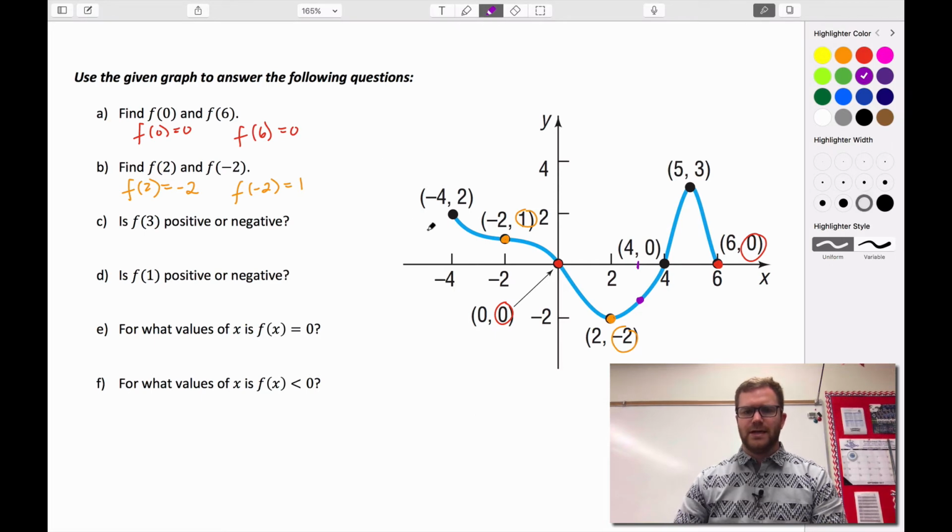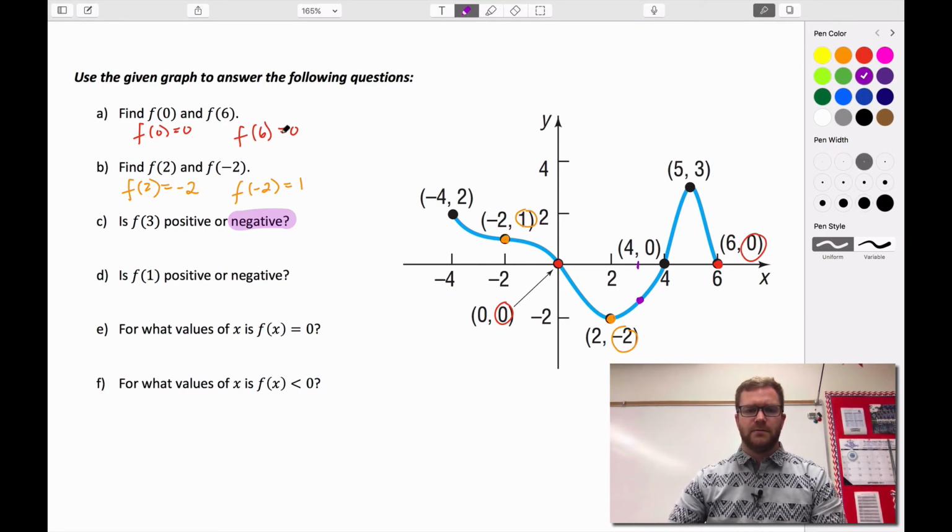And we actually don't really need to, because all we need to know is, is it positive or negative? The way that we determine that is its location with respect to the x-axis. If it's below the x-axis, that means it has a negative y value. If it's above the x-axis, that means it has a positive y value. So in this case, when f is at 3, we're below the x-axis, which means it's negative.